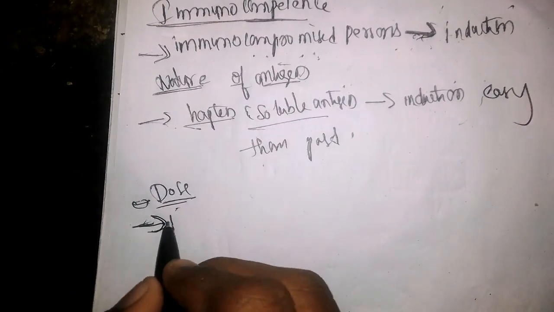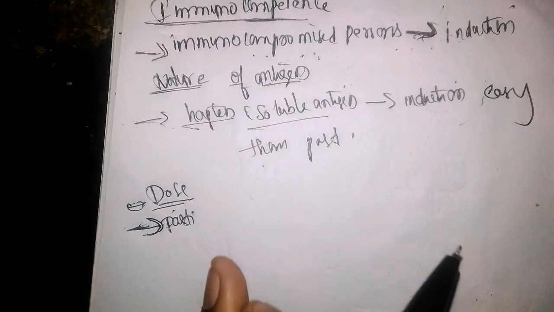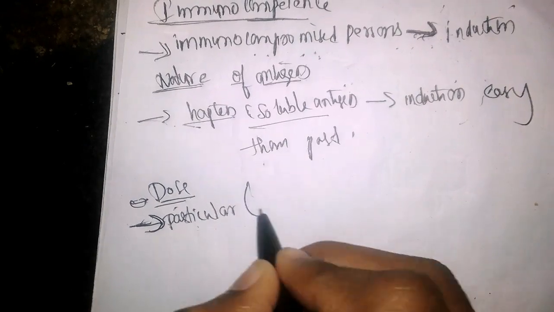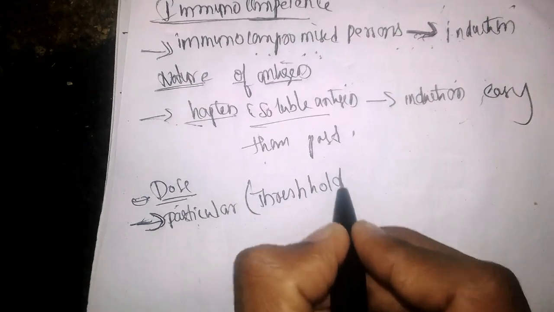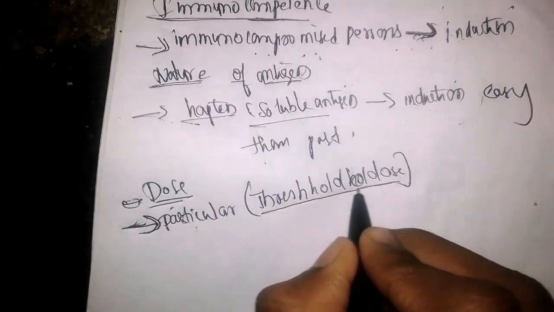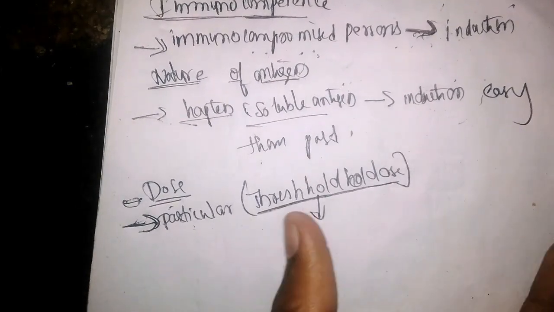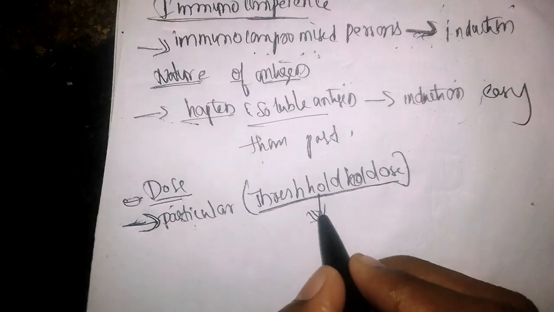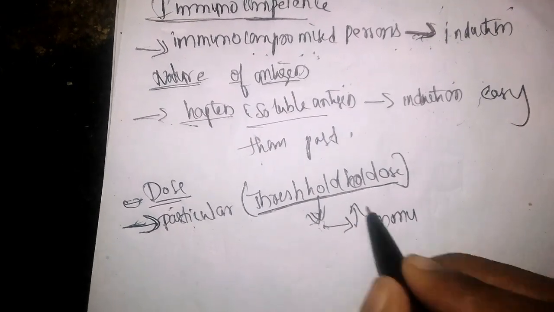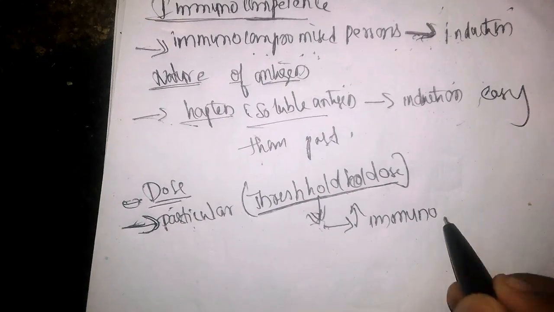There will be a particular dose at which tolerance to that antigen is generated; we can call that the threshold dose. Beyond this dose, tolerance is usually impossible. If we increase the dose beyond this threshold dose, there will be an immune response.